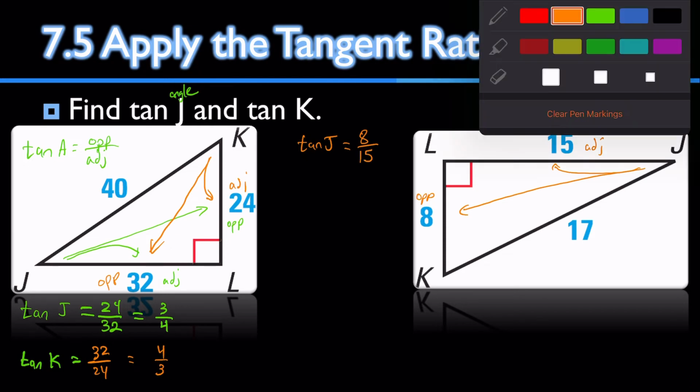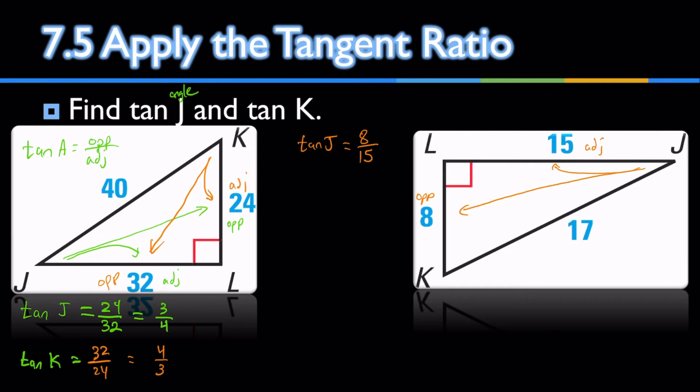And I can't reduce that. Tangent of K. From K, the opposite is 15, and the adjacent is now 8. So opposite over adjacent. So notice, if you change the angle, they're reciprocals of each other.